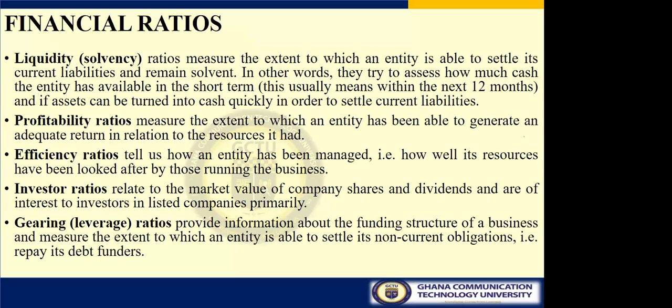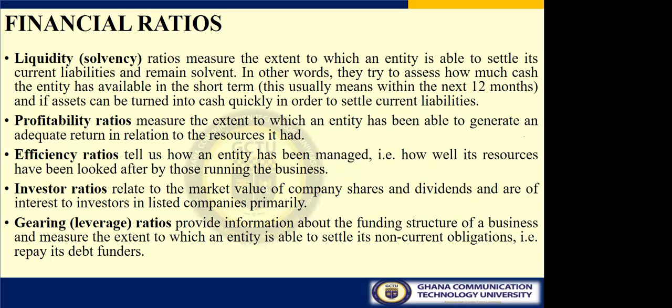With liquidity or solvency ratios, this helps to measure the extent to which an entity is able to settle its current liabilities and remain solvent. In other words, they assess how much cash the entity has available in the short term, within a year, that is 12 months, and if assets can be turned into cash quickly in order to settle current liabilities.